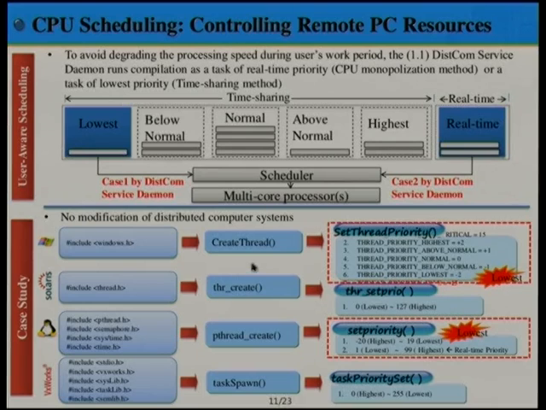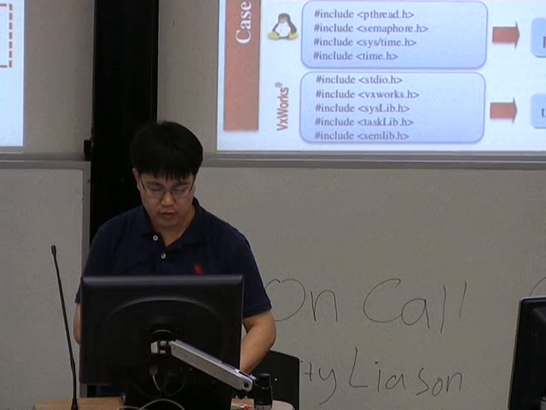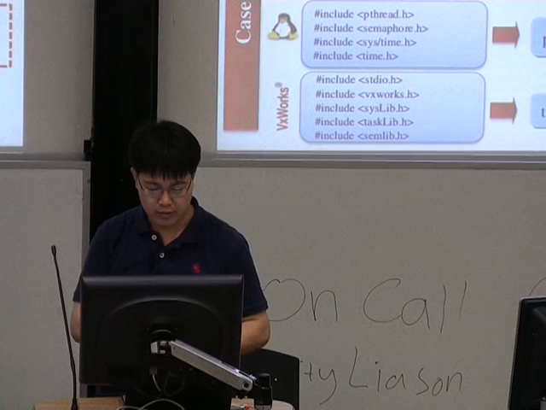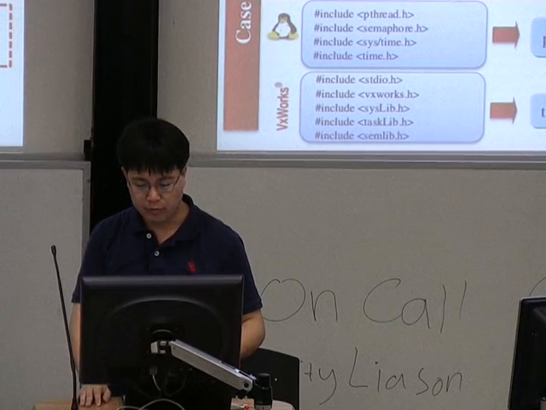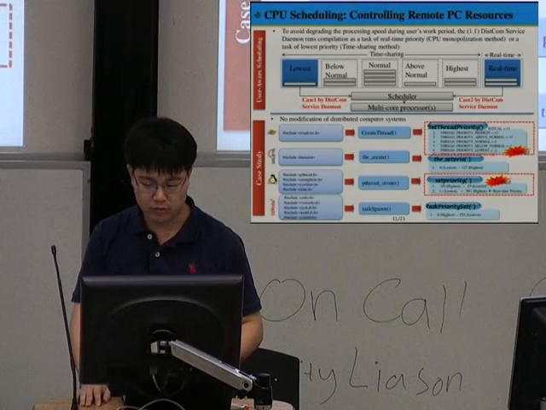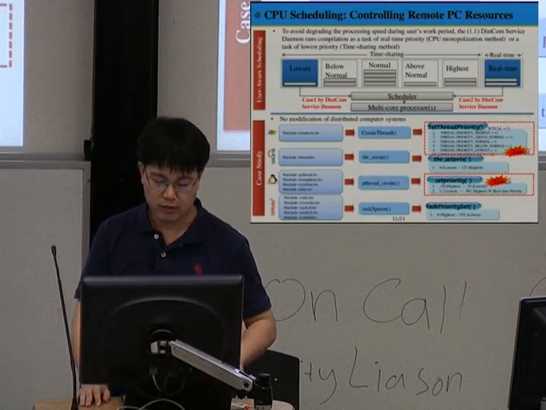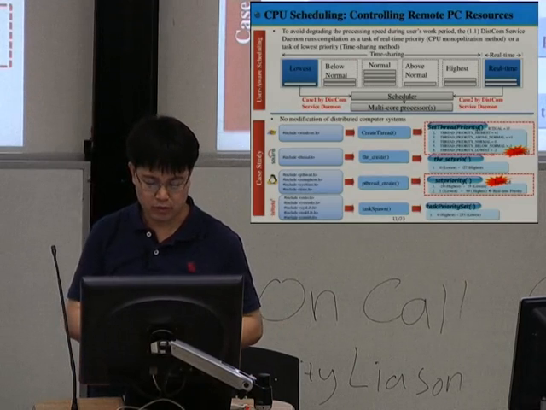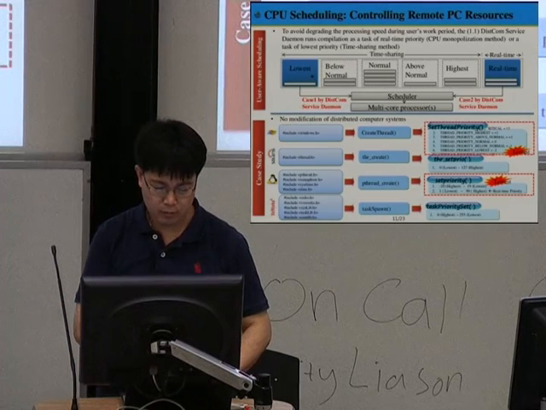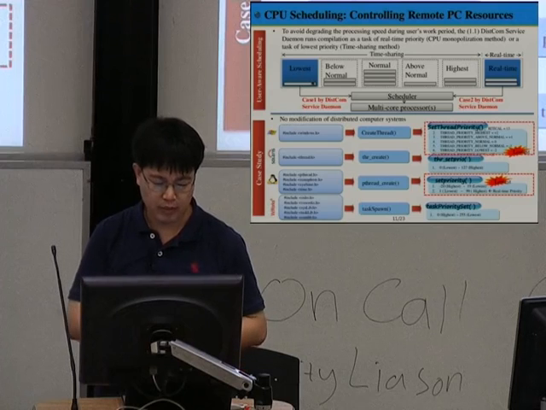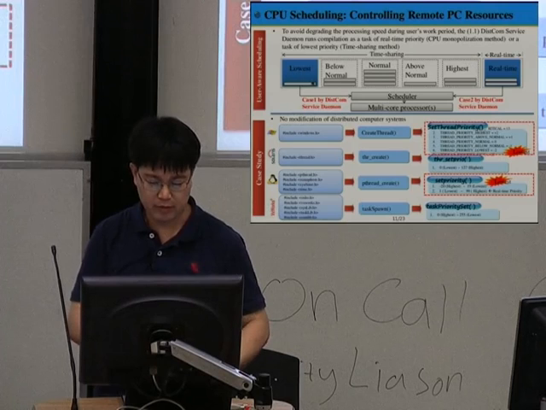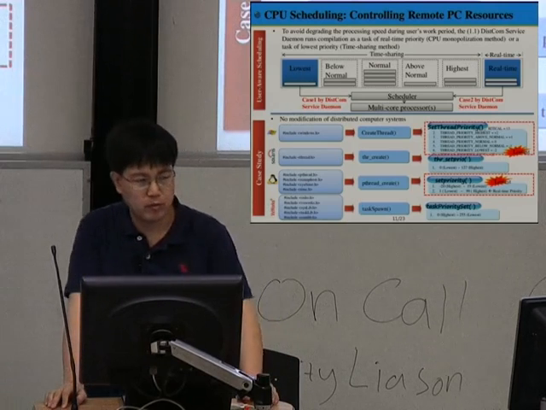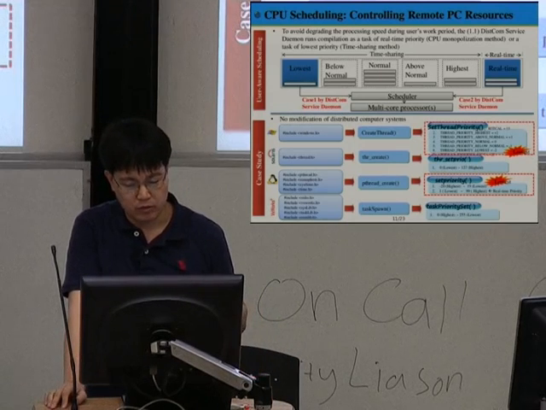First, we implemented real-time priority tasks to monopolize the CPU resources of the remote PCs when the users do not use any resources. And second, we implemented the lowest priority scheduling as a time-sharing method when some users suddenly use the remote PCs.